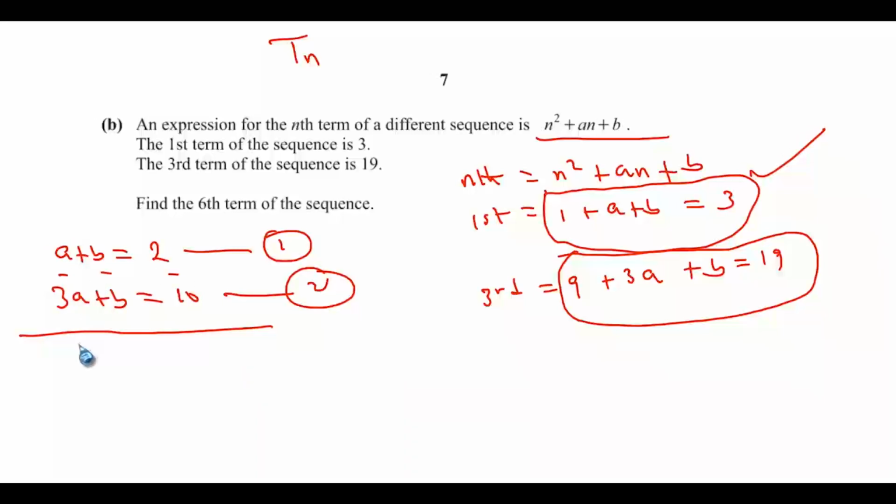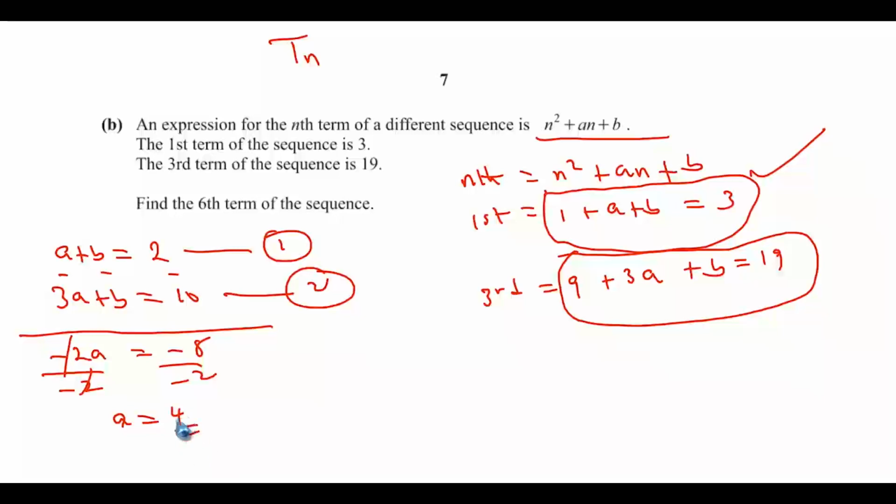So a minus 3a, that will be minus 2a. So b is eliminated. Then 2 minus 10, that will be minus 8. Let's divide both sides by negative 2, so that a will be equals to positive 4. So that's the value of a.